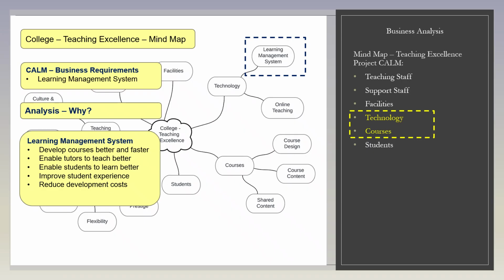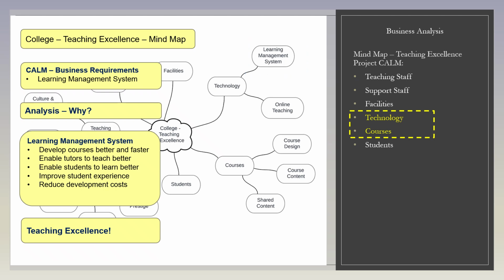That all helps to focus the project, and in particular, let's go back to that initial statement of business objective. What the college aimed to achieve is teaching excellence. So a further question is, how can these elements of a learning management system contribute to that overall business objective?